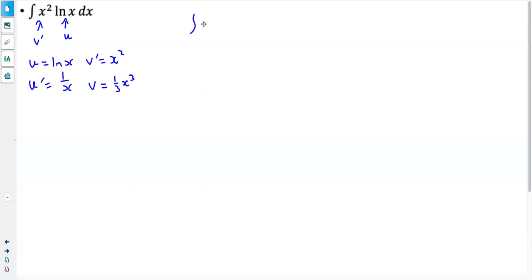So once again, we'll follow the format of uv prime dx is equal to uv minus our integral of u prime v dx.